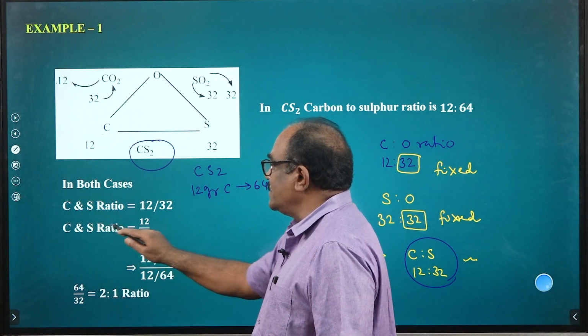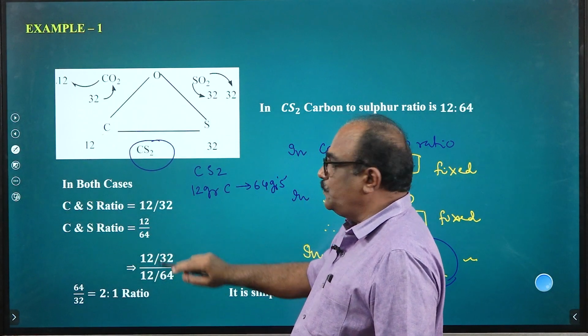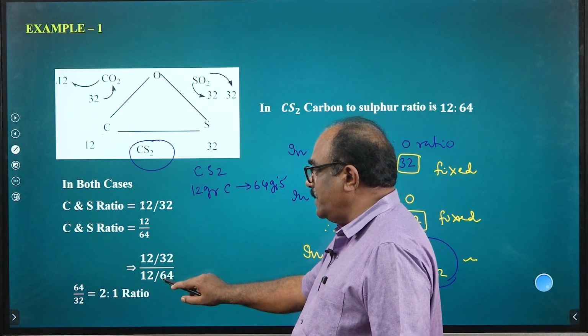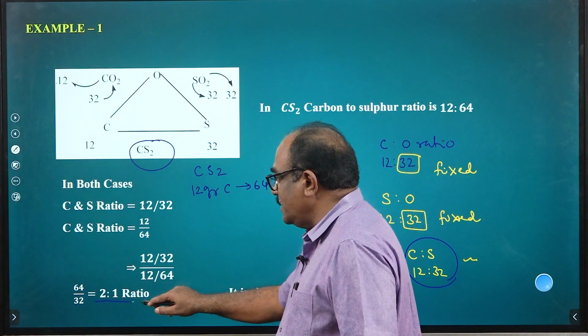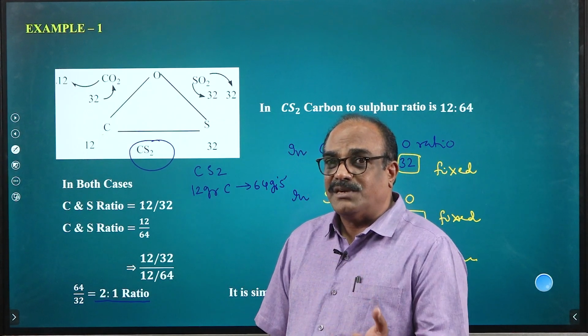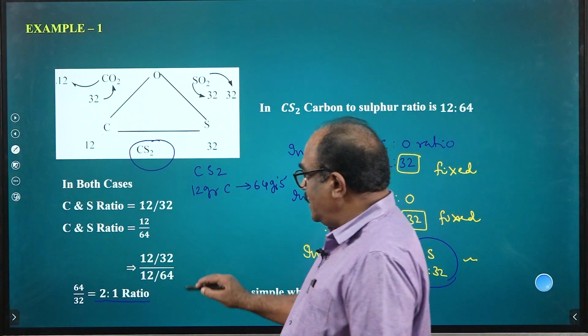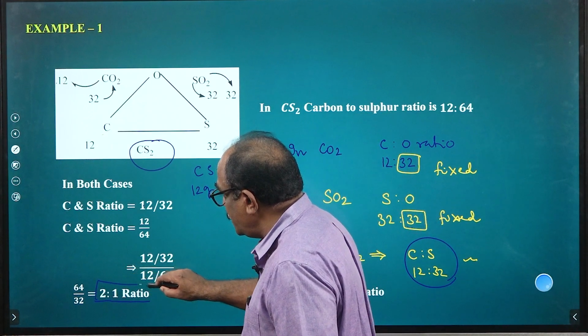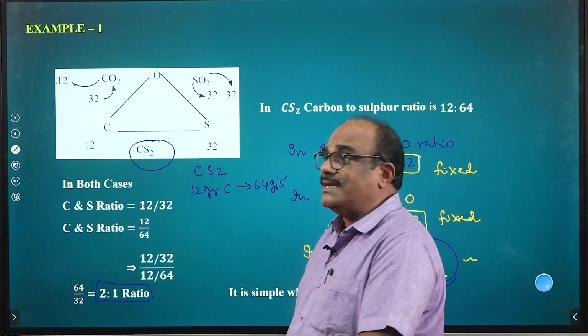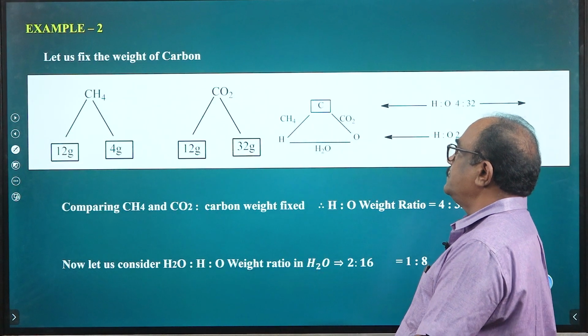Yes, the carbon to sulfur ratio is 12/64, one is 12/32, another is 12/64. If I take the ratio, that will be a simple ratio. In some cases, maybe 1:1, in some cases multiples of it also, and this ratio is found to be a simple ratio. Yes, if you are able to understand that, we go to the second example.